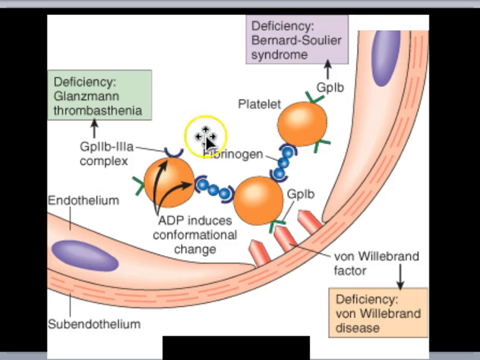When you have Bernard-Soulier syndrome, you have a defective receptor which prevents effective binding to von Willebrand factor. With Glanzmann's thrombasthenia, there's a defect in this surface glycoprotein GP2B3A, and this prevents platelets from aggregating appropriately with other platelets and then undergoing the shape changes, etc., that are necessary for formation of the hemostatic plug.